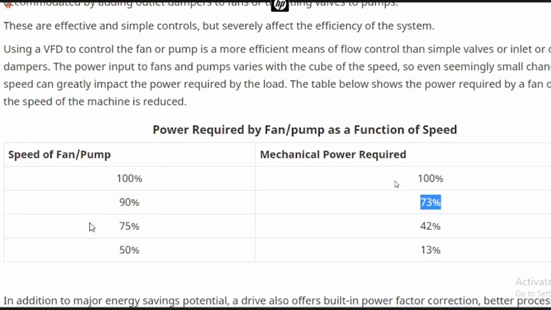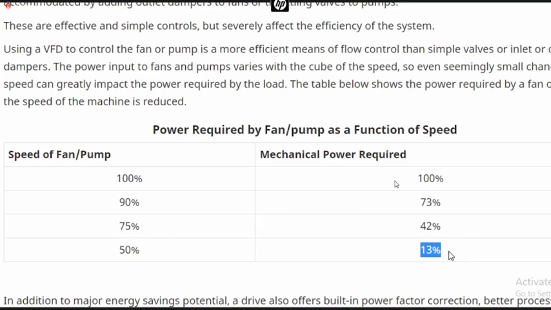If you are running the motor at 50% speed, your power requirement will be only 13%. So you are saving 87% of power. Just by running the pump or fan at a speed a little bit lower than the rated speed, you can save a huge amount of power. That eventually improves the efficiency.